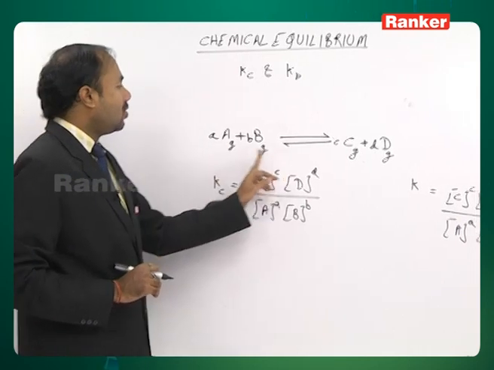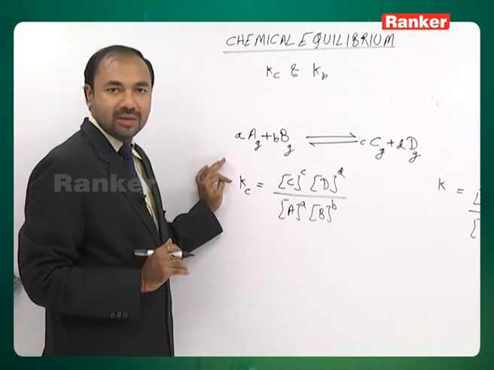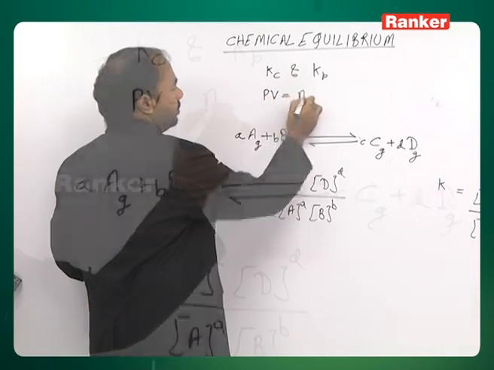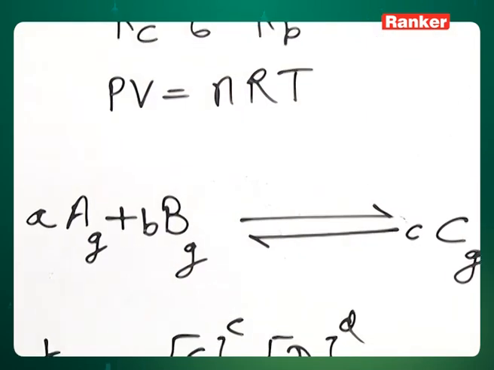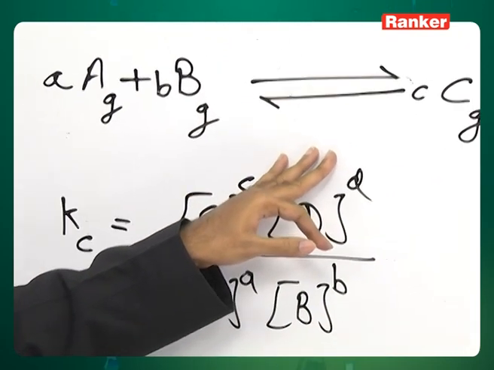Now, because all these are gases and we assume them to be ideal gases, we can use PV equal to nRT. Obviously, when the reaction is happening, we assume the temperature remains constant.